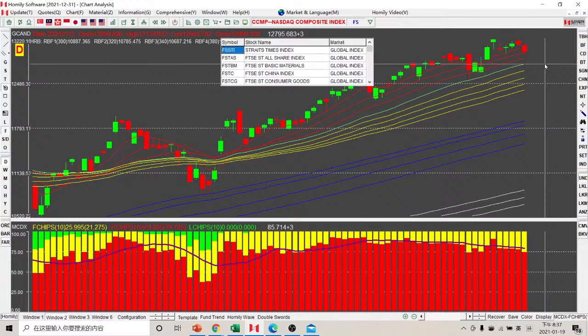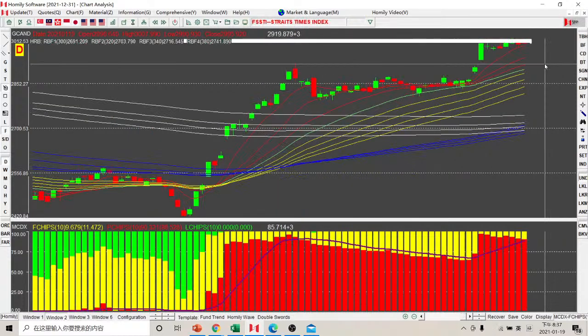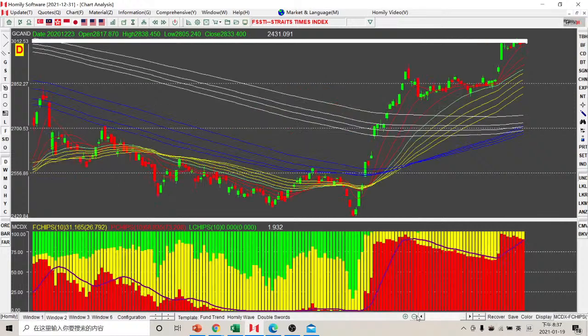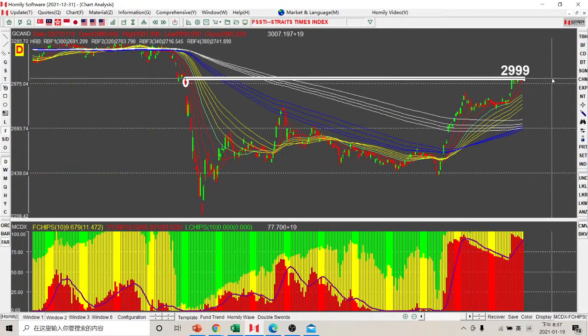Okay. For the Singapore market, 3,000 is a very important level. If 3,000 can effectively break up, it will have more space to go. Today's close is 2995, nearly 2996, 2995.9.